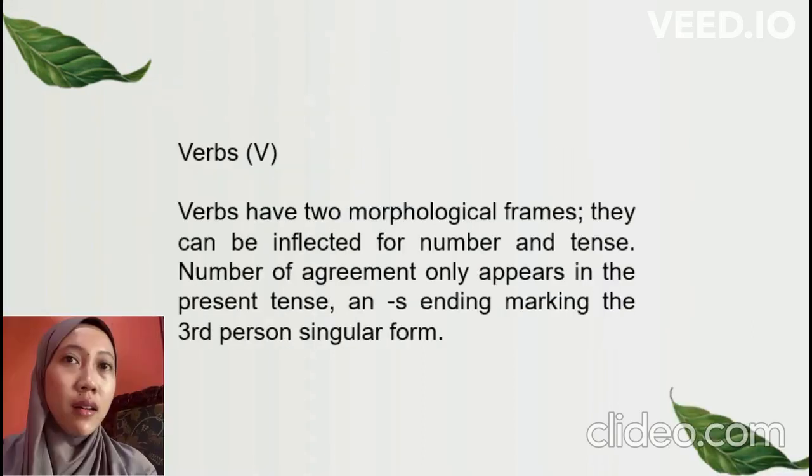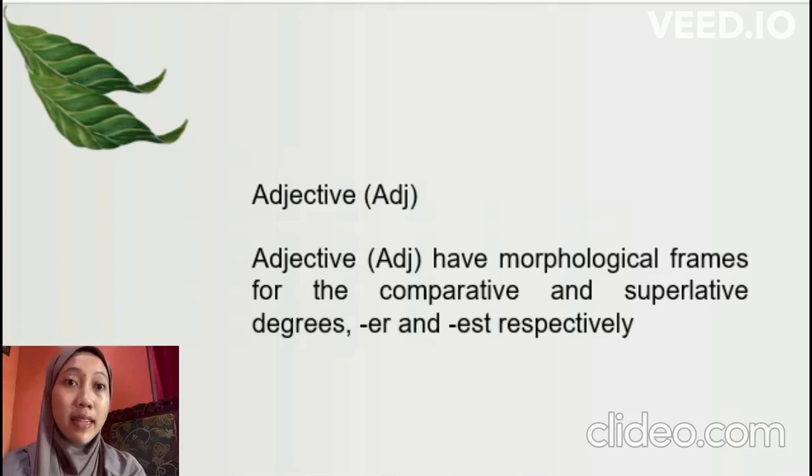Verbs. Verbs have morphological forms that can be inflected for number and tense. Number inflection only appears in the present tense, with an -s ending marking the third person singular form. Adjectives.